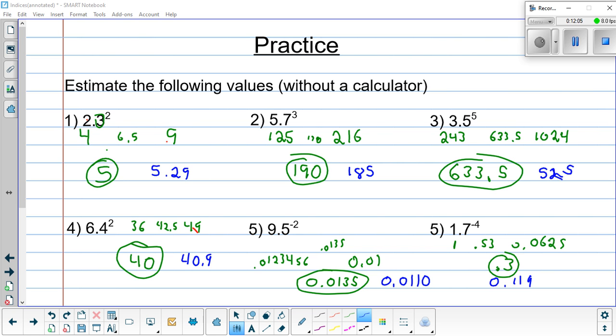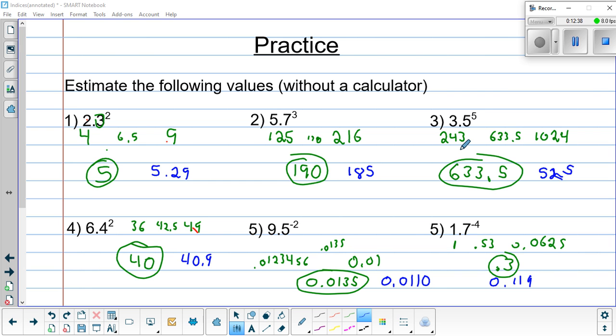Alright, so if you can tell, I put the actual answers here in blue. I rounded off some of them because it didn't really matter much. The first one, pretty accurate, right? So 5.29. Second one, I'd say that's really good considering the vastness of our numbers. We're only plus or minus 5. The next one, a little bit further off, but considering how big of a spread from 243 to 1024, guessing that that was 525 is actually not terrible.